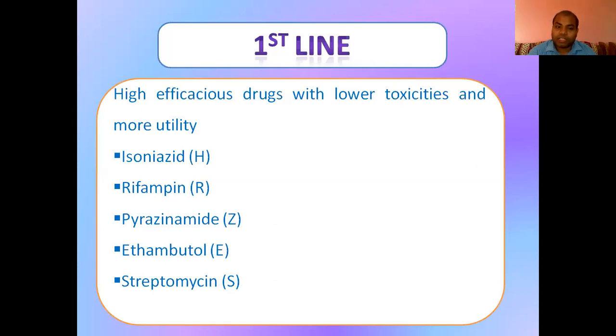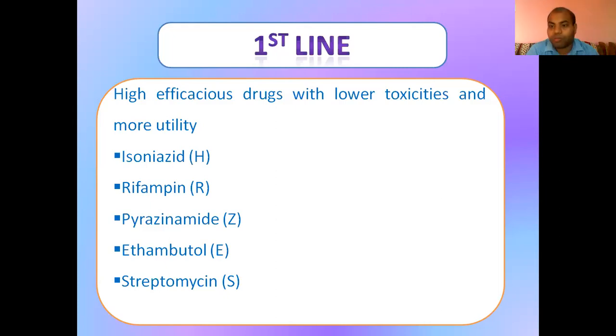So they are generally isoniazid, rifampicin, that has been told to you, HRZES. You have to remember the short form of the drugs that is popular for this category, that is HRZES.